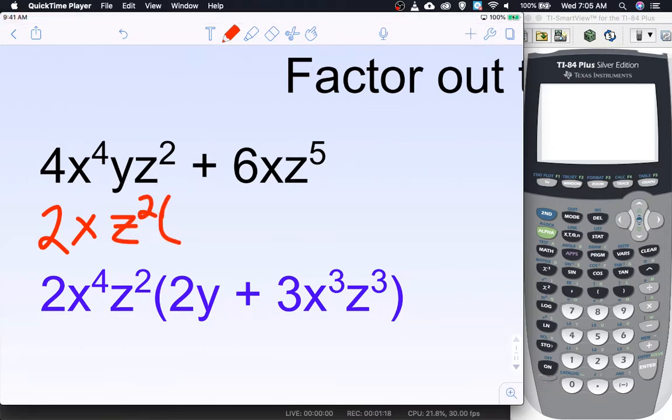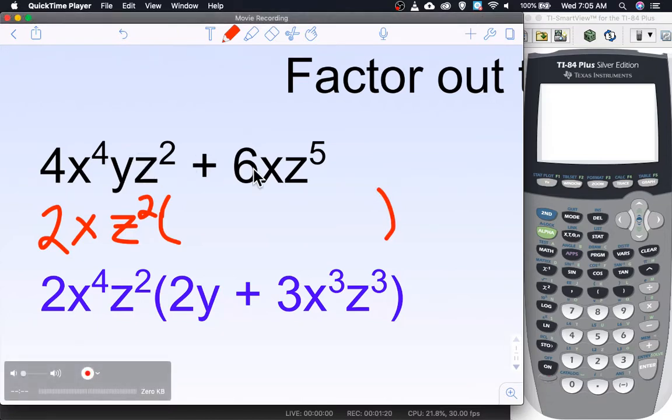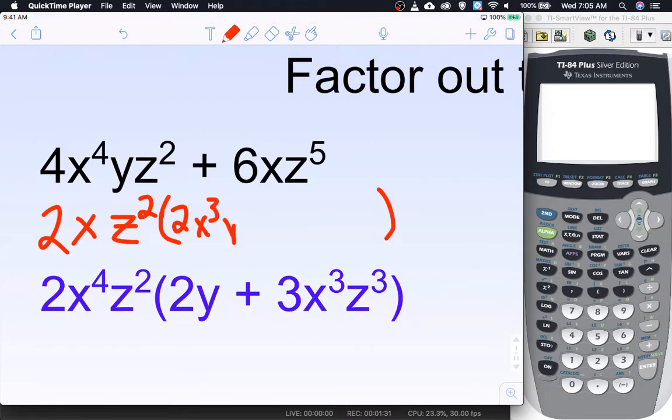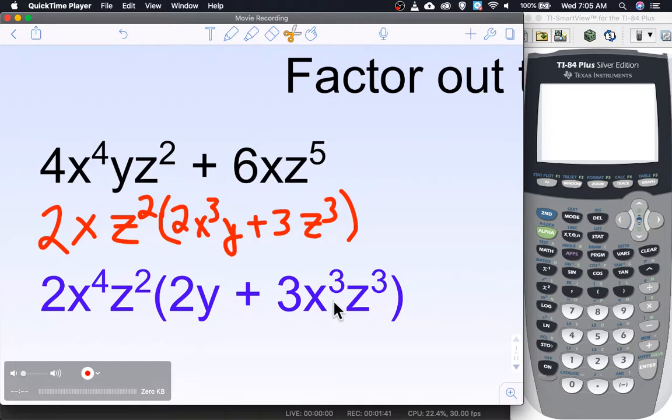So as far as finding the greatest common factor, they were only off by the coefficient or the exponent on the x. Now what would be left behind inside? You would have a 2x to the third power y plus 3z to the third power. So it looks like they messed up a little bit with the x there as well and the x there as well.